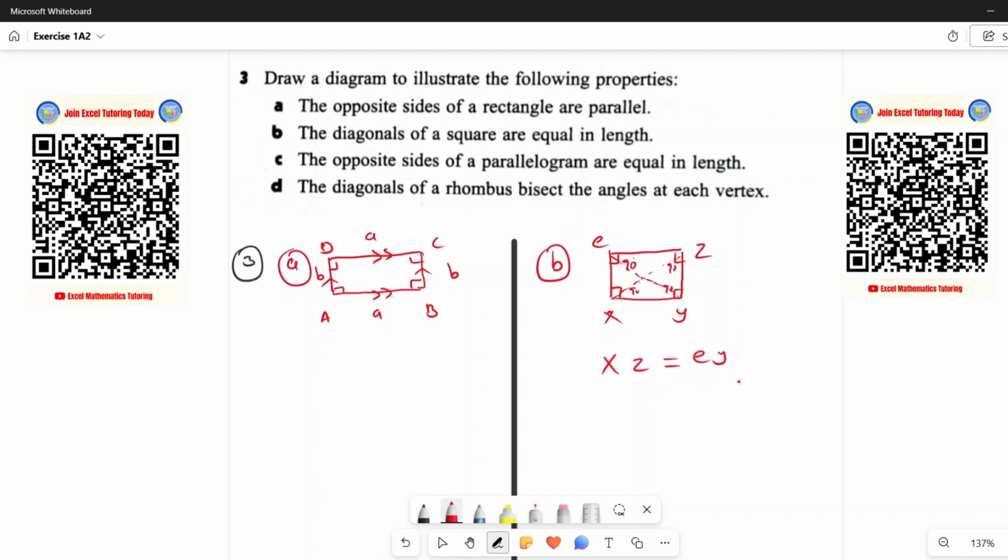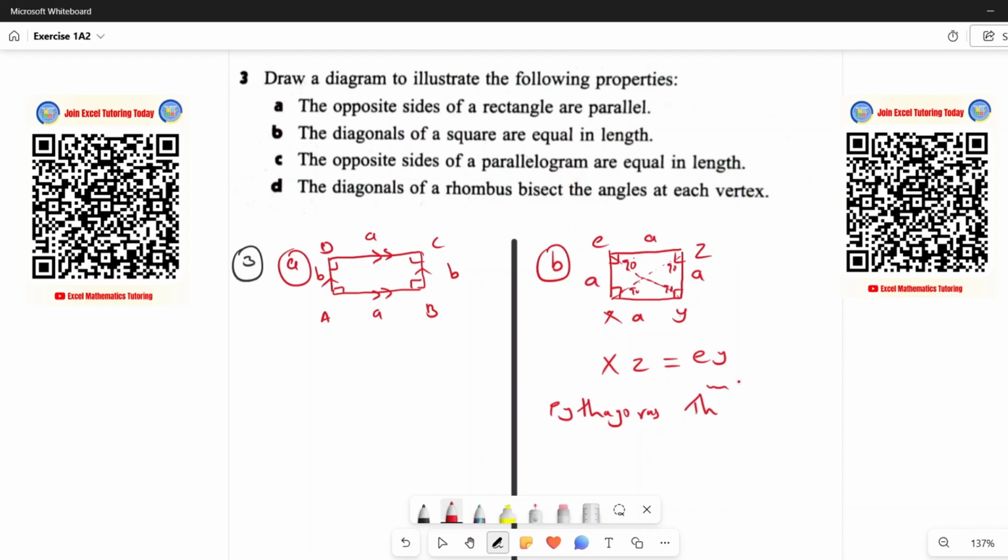You can prove this by using the Pythagoras theorem. That's the way to prove these diagonals are of equal length. Just give the side length of xy as a, zy as a, because the sides are of equal length. This is a square, that's the reason every side is of equal length a.